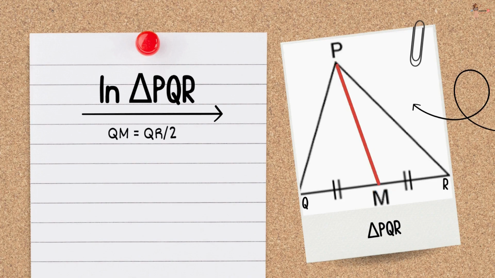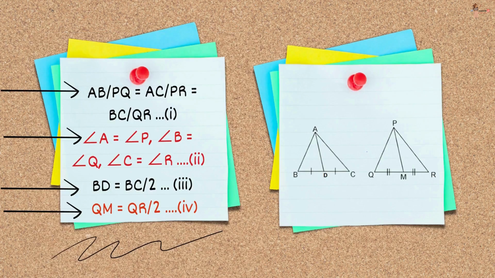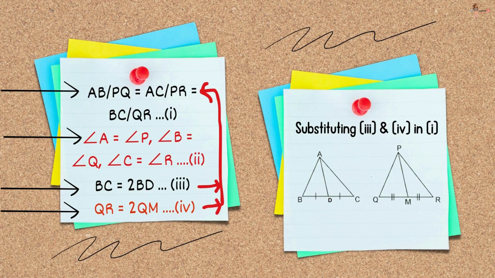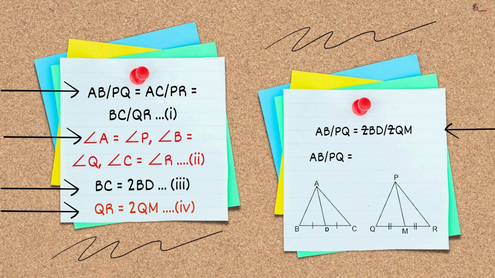Similarly, QM is half of QR, which again means that QR is twice of QM. Now, from these four equations, substituting 3 and 4 in 1, we get AB upon PQ is equal to twice of BD upon twice of QM. Or we can say that AB upon PQ is equal to BD upon QM.